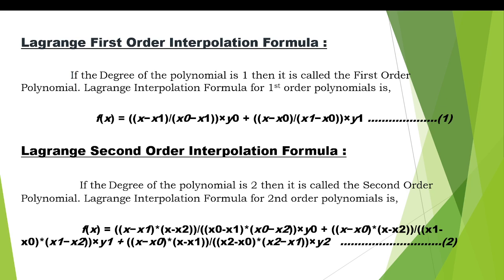The Lagrange interpolation formula for second order polynomial is f of x is equal to x minus x1 into x minus x2 divided by x naught minus x1 into x naught minus x2 into y naught, plus x minus x naught into x minus x1 divided by x2 minus x naught into x2 minus x1 into y2. This is the formula of Lagrange second order interpolation method. I think this is clear to you.